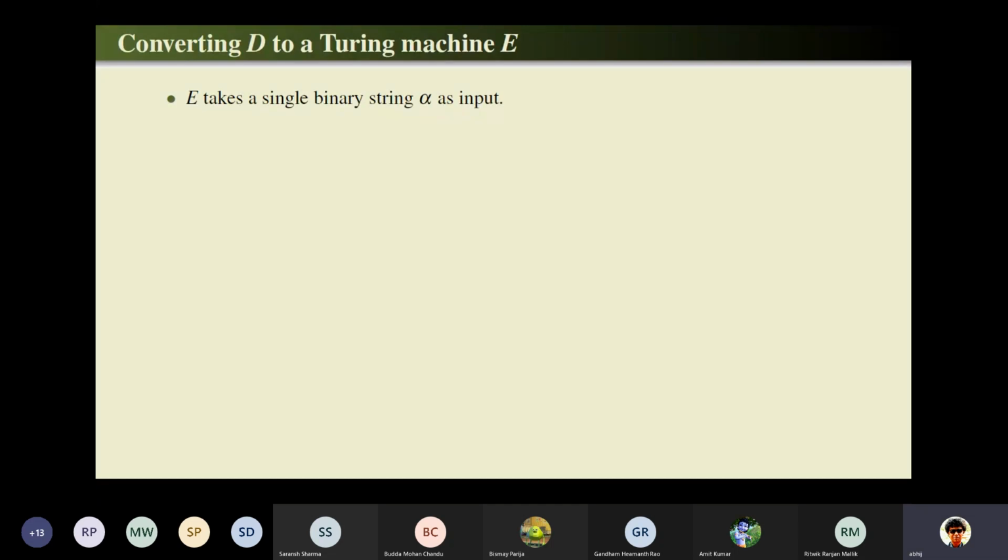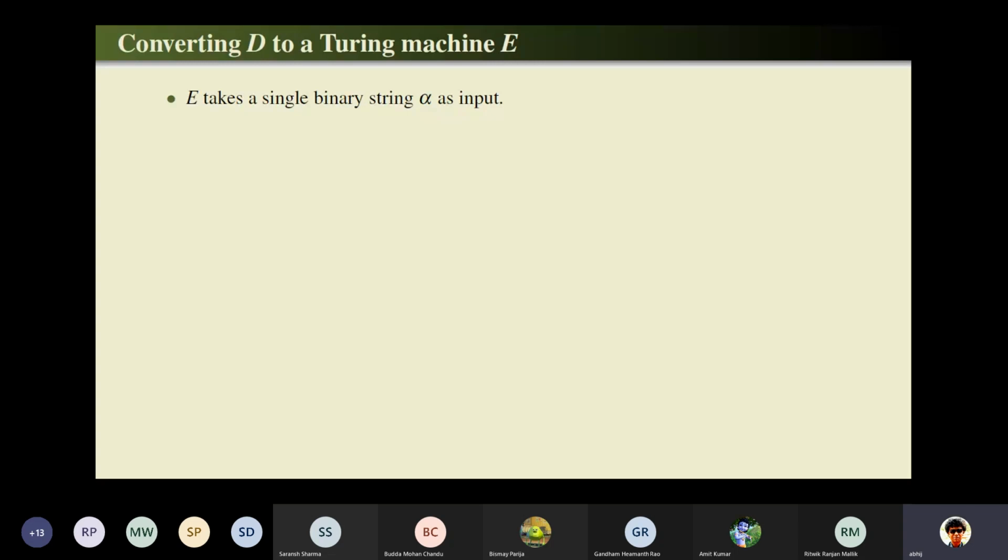Now E takes a single binary string alpha as input. Not two things, M alpha i and X alpha j. Instead, it takes just a single string alpha as input. And this alpha stands for both a Turing machine and an input.